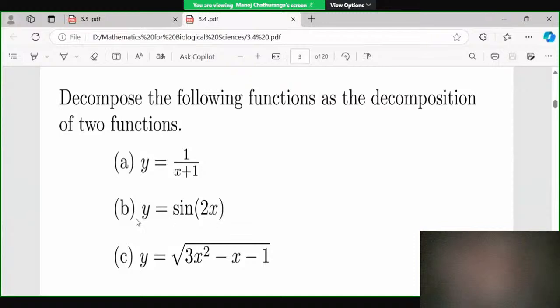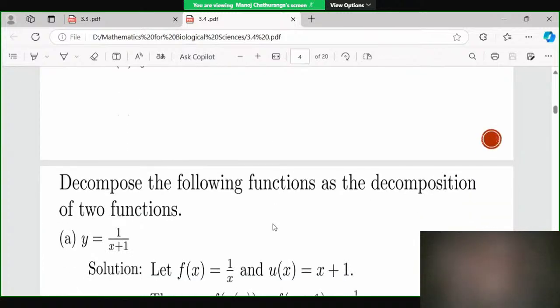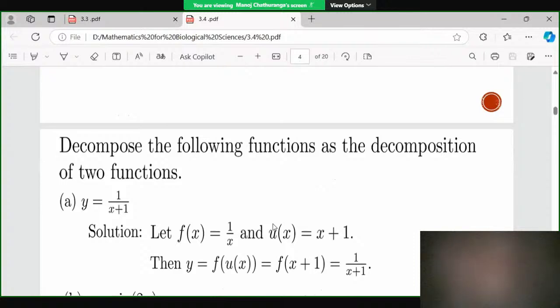Then for b, it is clear that the outer function is sine and the inner function is 2x. For 3, we can easily see the outer function is square root of x, and the inner function is 3x squared minus x minus 1. So given a composite function, you should be able to recognize what the outer function is and what the inner function is.